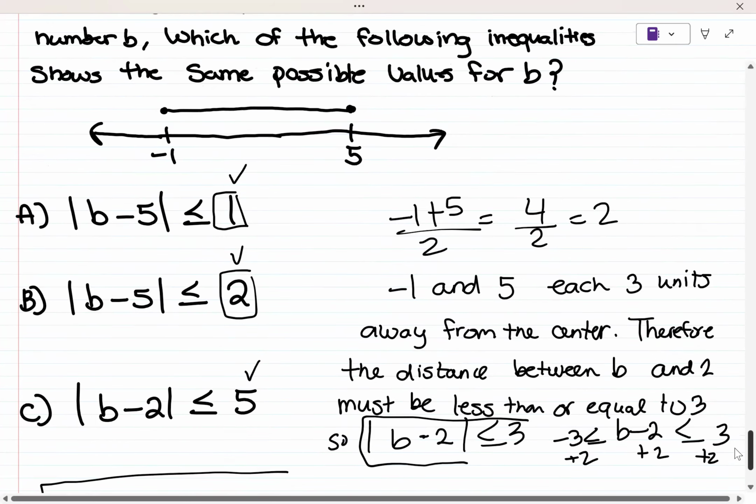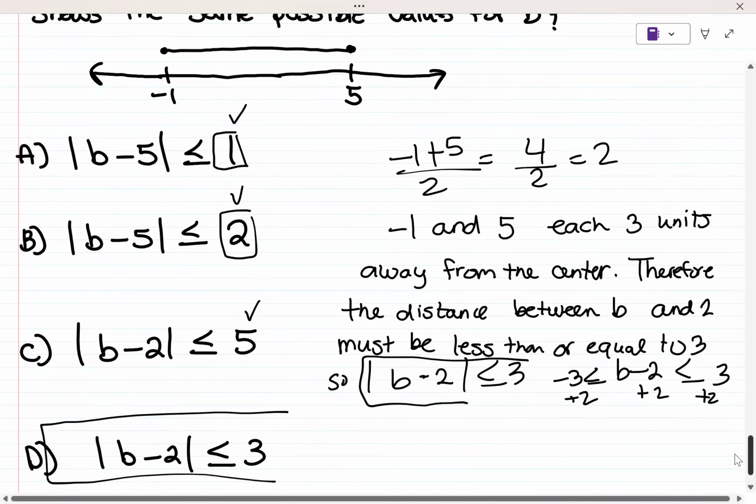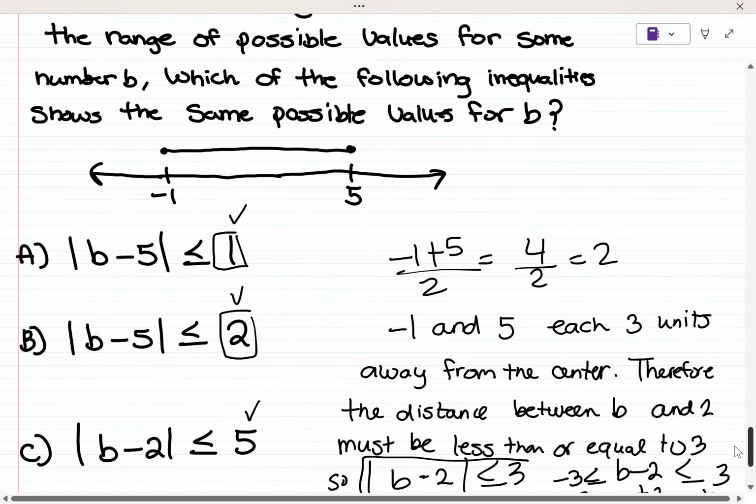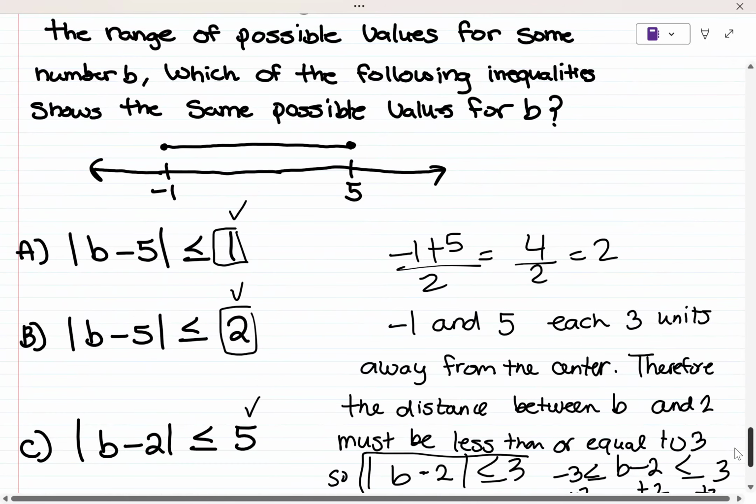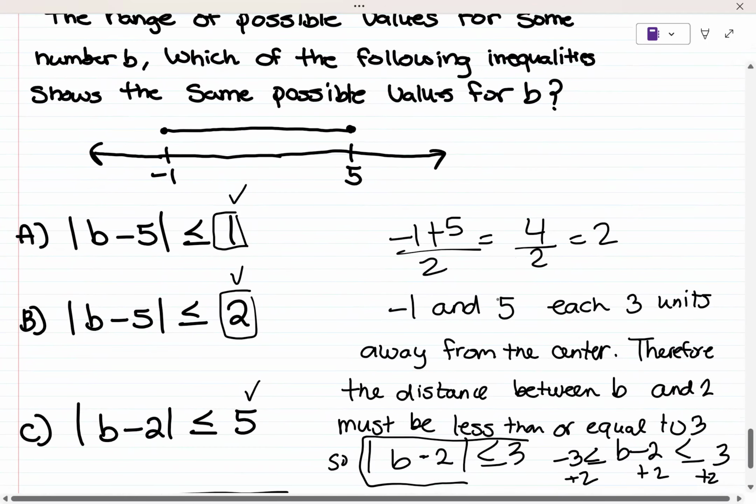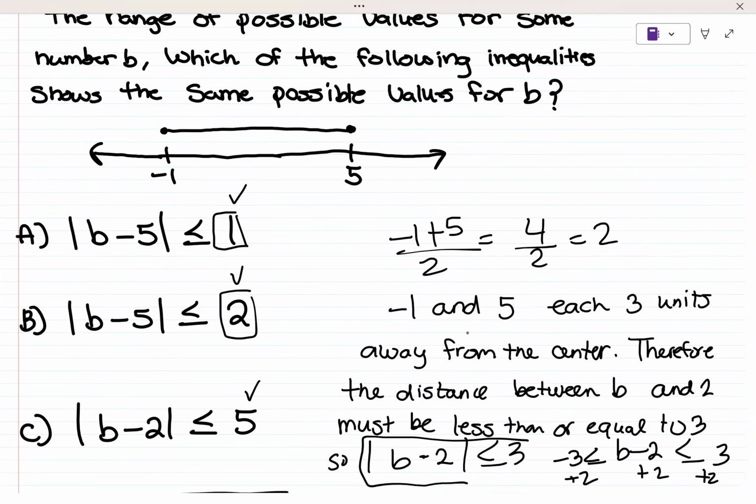Okay, so what I did, without testing each one, is take the average between the two endpoints. So our two endpoints are -1 and 5. I took the average of that and I got 2. And then between the points -1 and 5, let's pretend this is -1. This is 0.